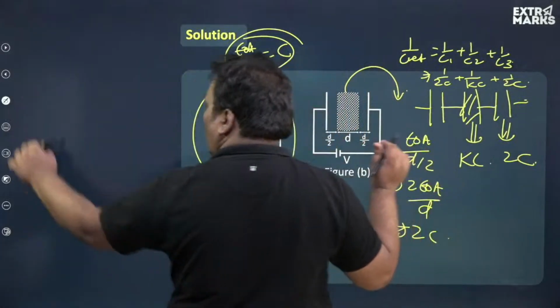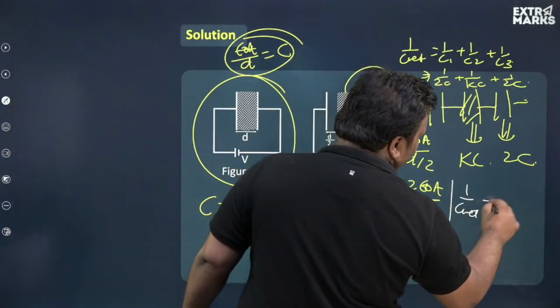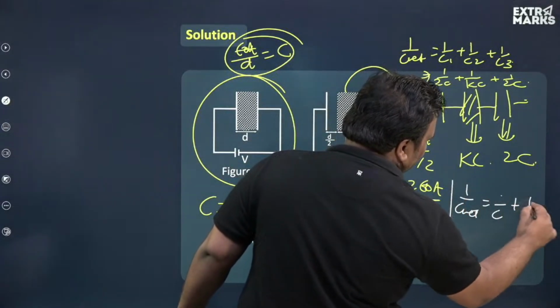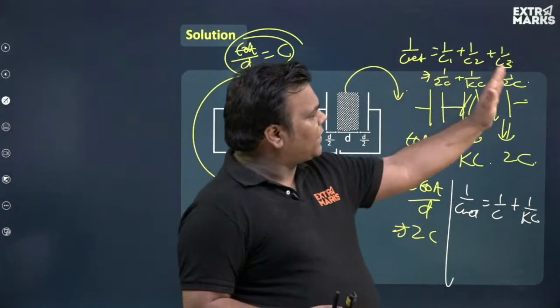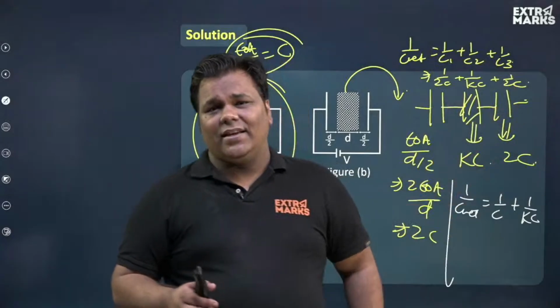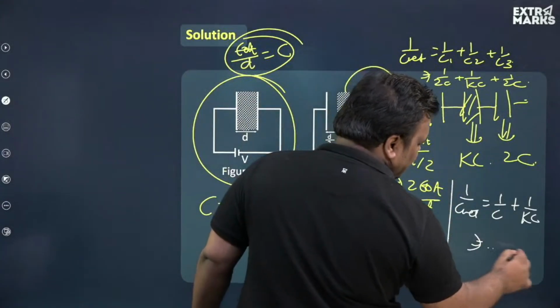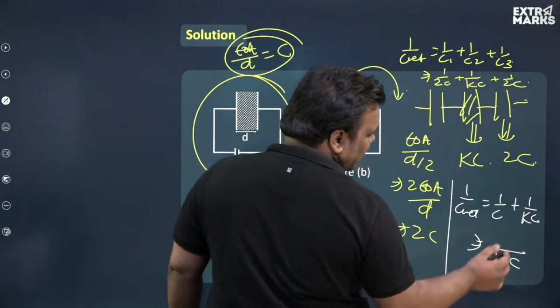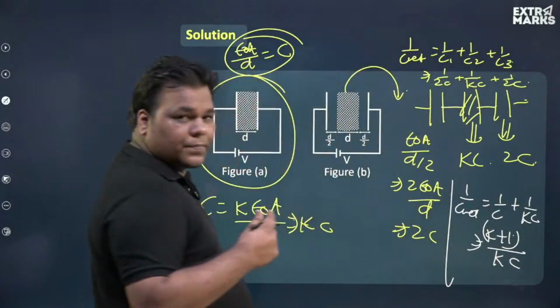Okay? So, I am using a different pen now. 1 by C net will be 1 by C plus 1 by KC. How, sir? Because 1 by 2C plus 1 by 2C will be 1 by C. Half and half is 1. Okay? So my final answer is, in denominator I have KC, in numerator I have K plus 1.